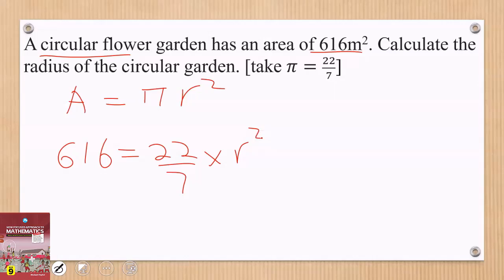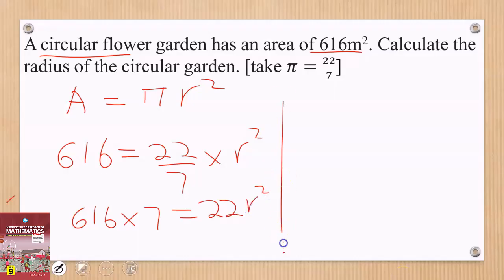So since we don't know the radius, we are going to make r the subject. Now let's do simple cross multiplication here, so that we have 616 times 7 is equal to 22 r squared. So we can divide the whole thing by 22. 616 divided by 22 will give us 28.